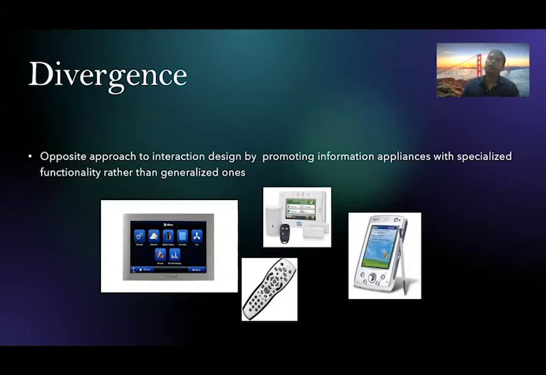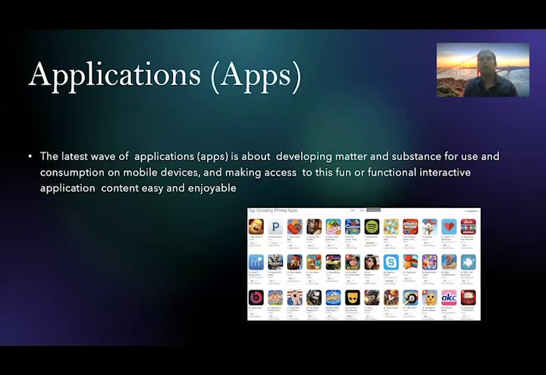From there, you can interact with the system, whether you want to withdraw your money, deposit your money, check your balance, and so on. So that one is the way or method you interact with the system. This is referred to as divergence.